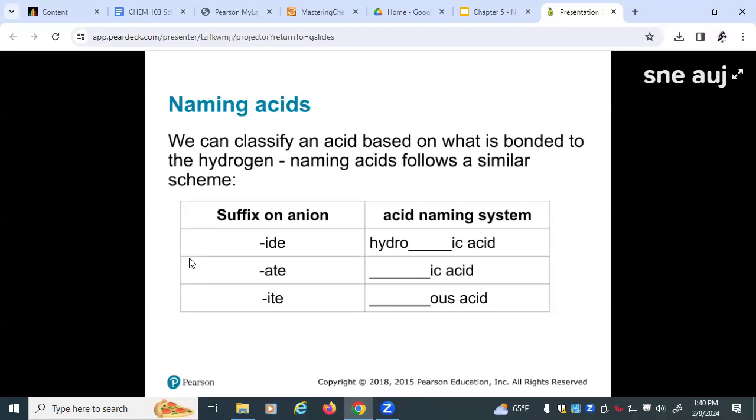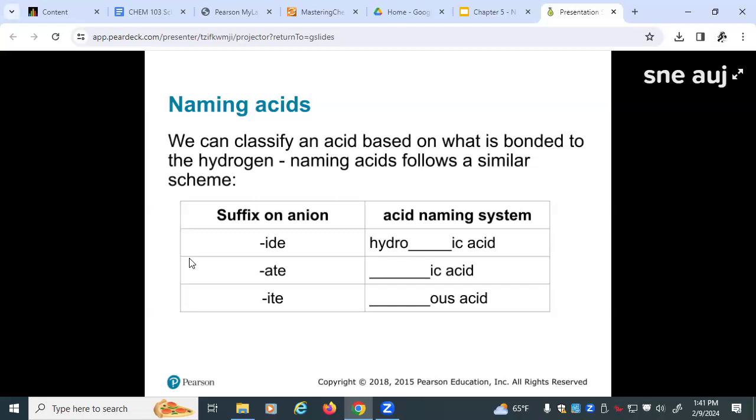This also applies to other ions that end in IDE. So for example, cyanide. Cyanide is CN minus. It isn't binary, it's polyatomic, but it ends in IDE. And so how do we name an acid built off of cyanide? Same way, hydrocyanic acid.